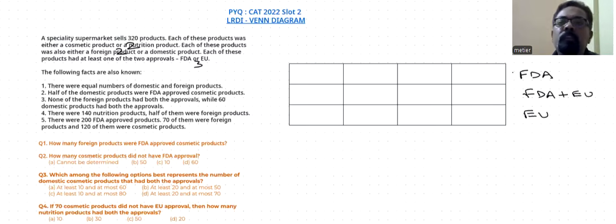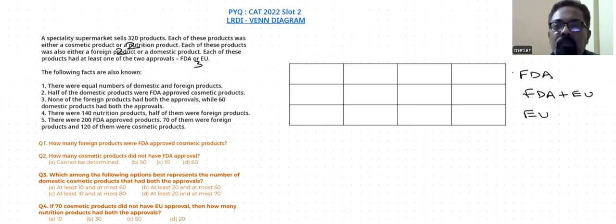Done. Now, in the column part, I am going with foreign for the first 2 columns and domestic for the last 2 columns. Under foreign, we have two other parameters, cosmetic and nutrition, as well as under domestic, we have cosmetic and nutrition.